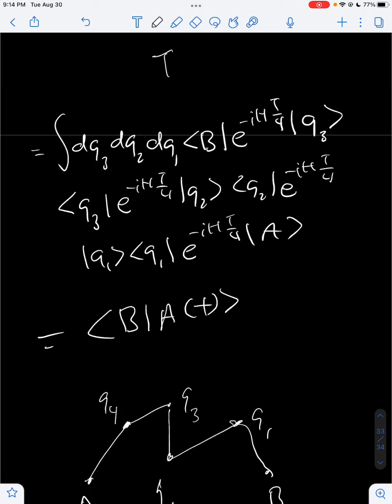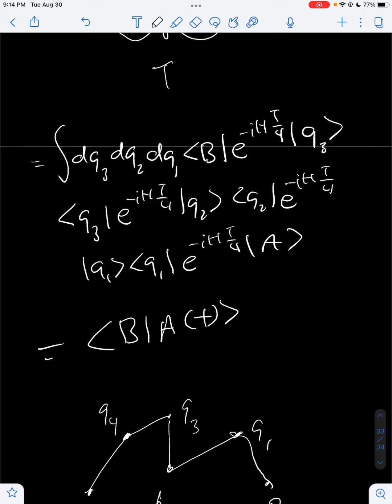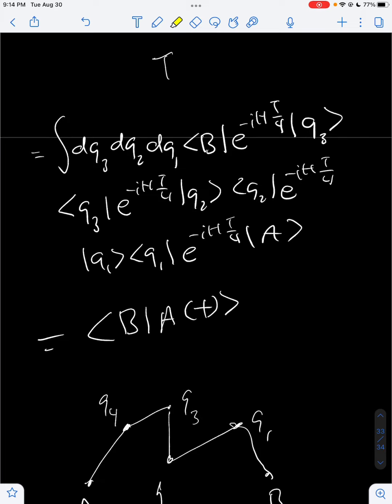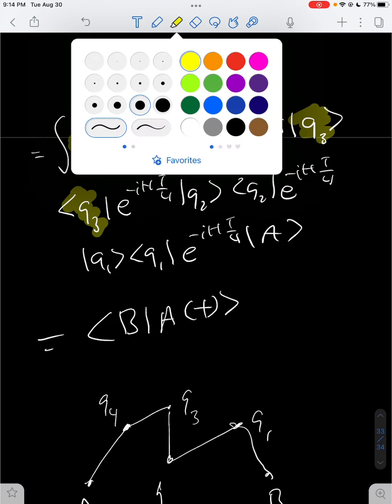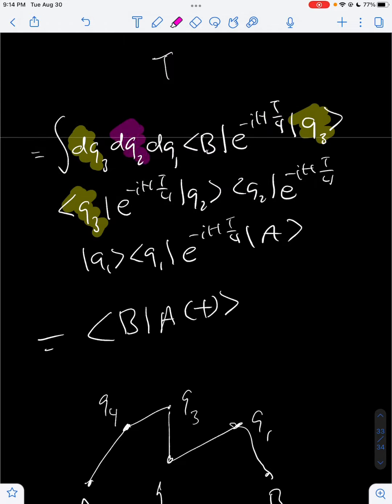We can keep adding more and more positions as long as we keep adding more of those completeness relations. So we have this one, where's Q3? |q3⟩⟨q3|, that's one completeness relation. Then we have the integral over dq2, |q2⟩⟨q2|, that's another one. Then here we also have, of course, q1.